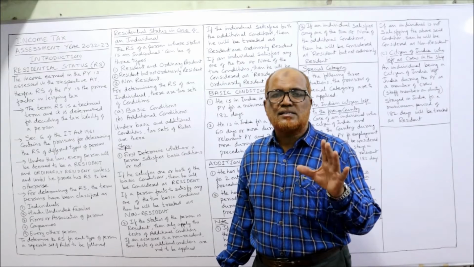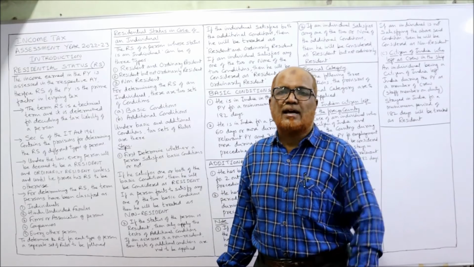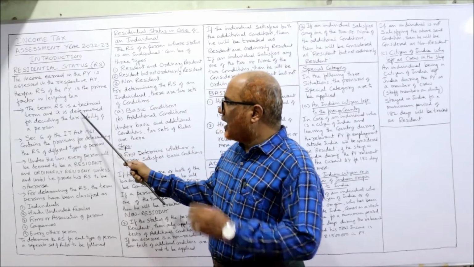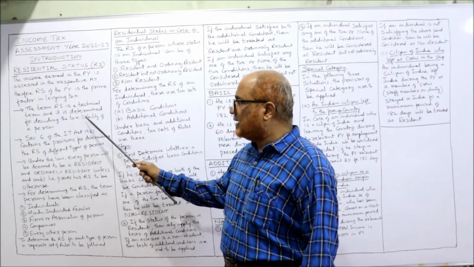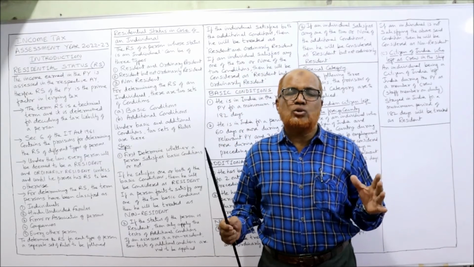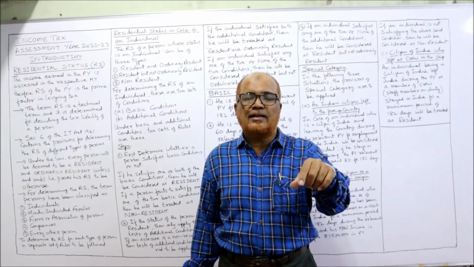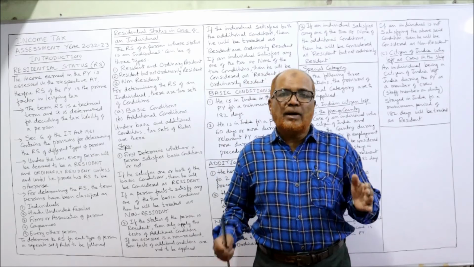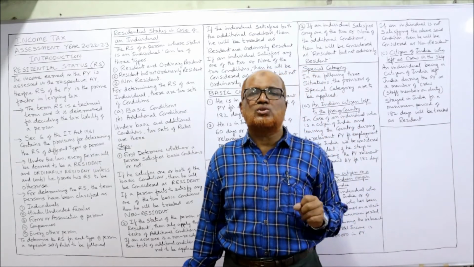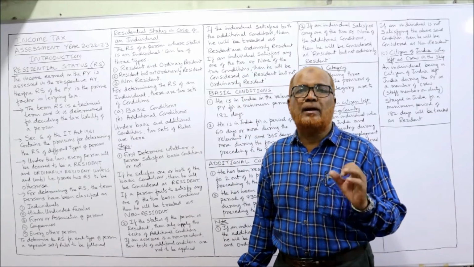So this residential status determination is very important as it affects the tax liability of the person. The term residential status is a technical term and it is determined for deciding the tax liability of a person. Now remember, the Income Tax Act has nothing to do with citizenship. The citizenship of a person will be decided by the Constitution. But the Income Tax Act will decide the residential status of the person on which the tax liability will depend.